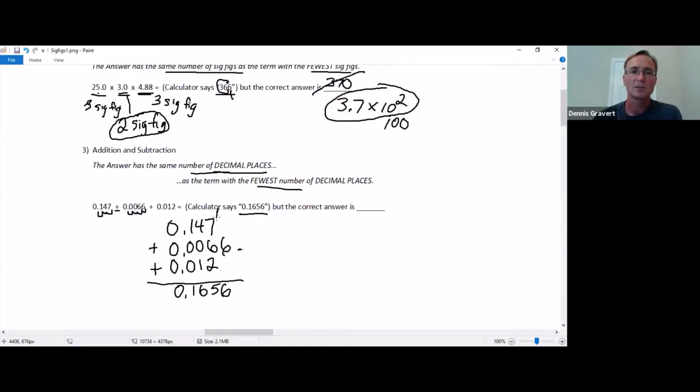So all you do is just shave off everything here, right? So 2 of these numbers have 3 decimal places. That's how many decimal places are going to be in your answer. And yep, that 4th decimal place with the 6 gets chopped off. So I'm going to keep 0.16 something. That 6 is bigger than 5, so I have to round up. The answer is 0.166.